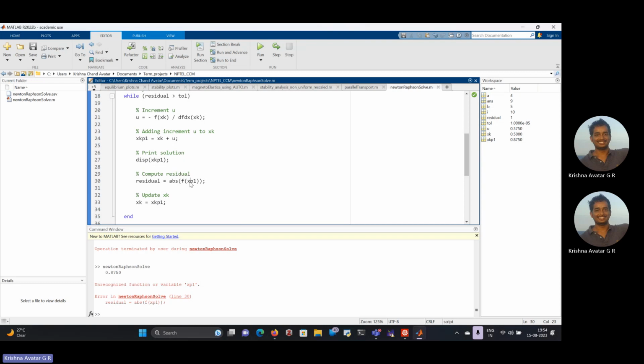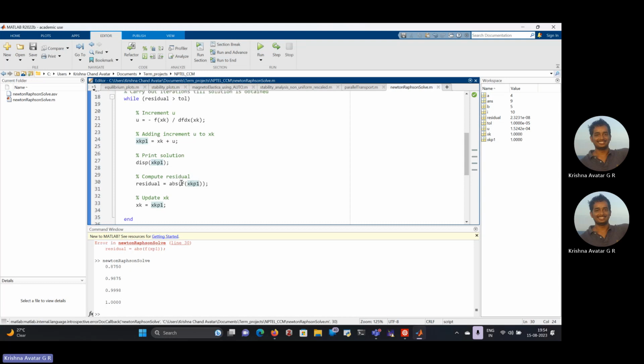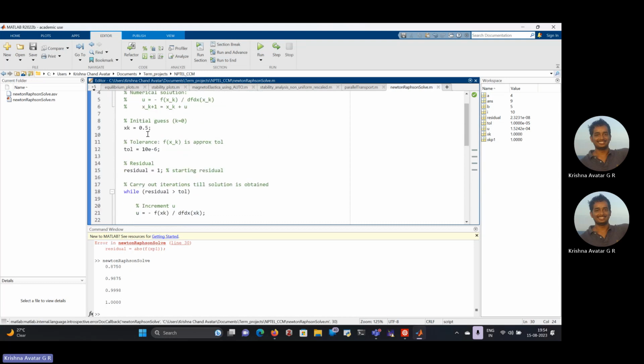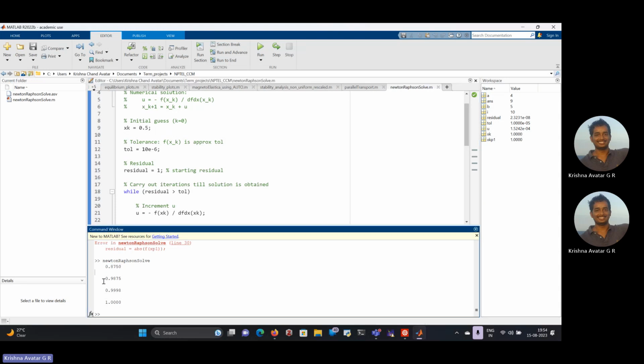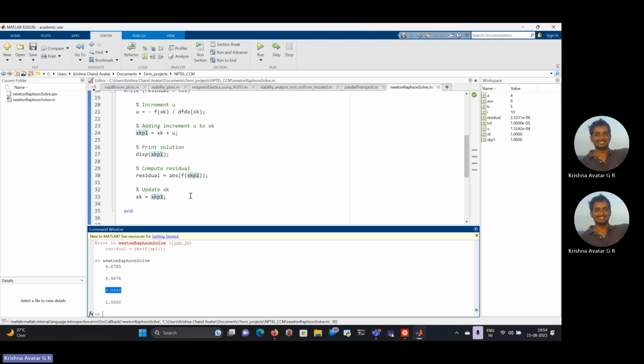Okay, x_kp1, yeah, absolutely fine. See, the initial value was 0.5. In the second iteration, the value becomes 0.875. Third becomes 0.9875, then 0.998, and becomes 1. After 1, it just stopped, isn't it? So this is how we do looping.